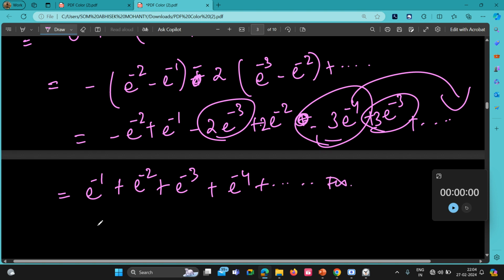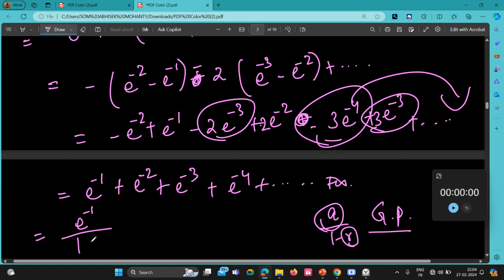Okay, so what is this? This is in GP, geometric progression. For a geometric progression, the summation is a by 1 minus r, where a is your first term and r is your common ratio. The first term is e to the minus 1, and the ratio is e to the minus 1, since multiplying by e to the minus 1 gives each next term.